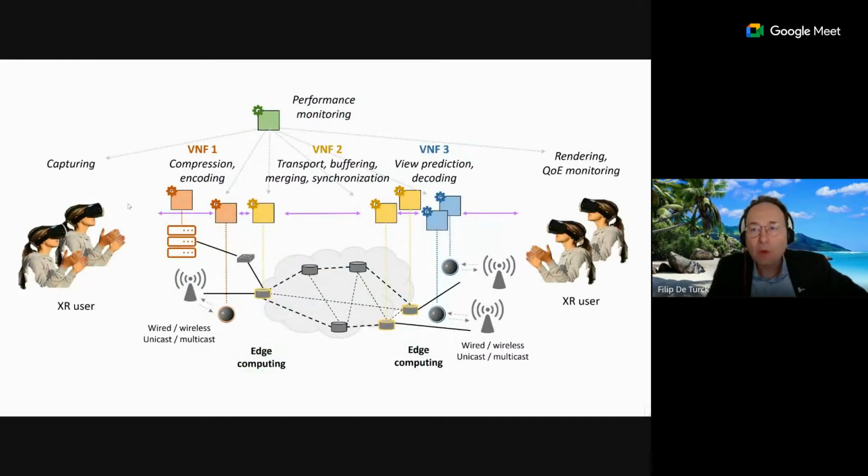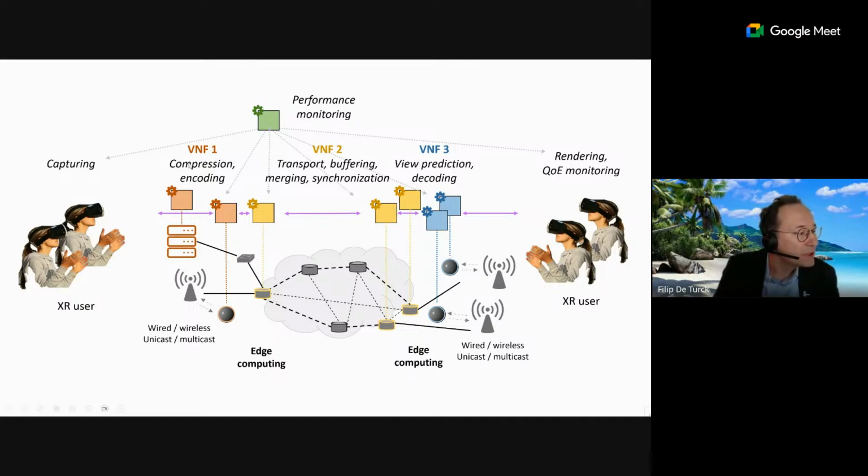And let me show you a main diagram of the Spirit project. And here I make use of the virtual network functions that I introduced in the beginning. So I explained this is an important concept for softwarized networks. And we also make use of them. These are the key elements in the European project Spirit, where we have a lot of virtual network functions to enable volumetric media delivery over networks.